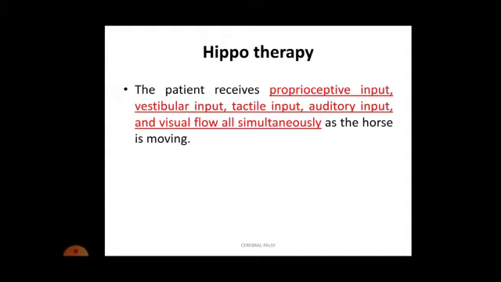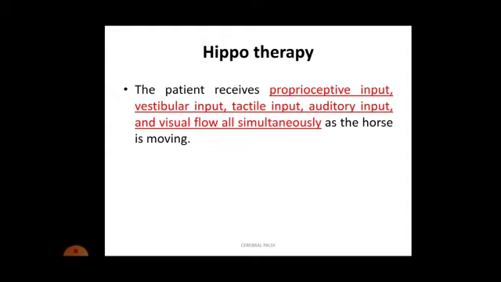Now what is the patient receiving from this, okay, so the patient is receiving proprioceptive input. We all know that whatever exercise you are planning on the horse, it may be simple active movement or lower limbs movement, so there will be various positions of the joints, those will be done here, okay. So because of the different movements of the joints or different positions, clear, you will be getting proprioceptive input, clear.